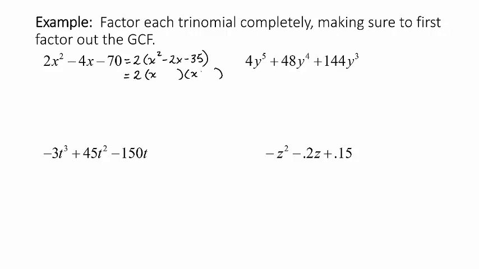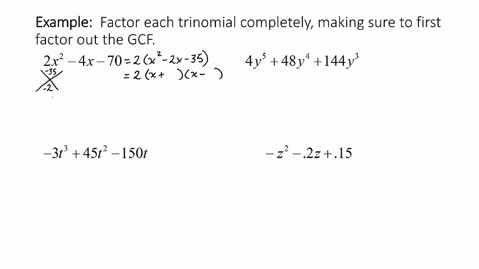So I'm looking for two numbers that multiply to give negative 35. That means that one of these has to be a positive and one of them has to be a negative. If you like the treasure map and want to use it, we're looking for numbers that multiply to give negative 35 and add to give negative 2. Okay, so 1 and 35 isn't going to give us 2 no matter whether they're positive or negative.